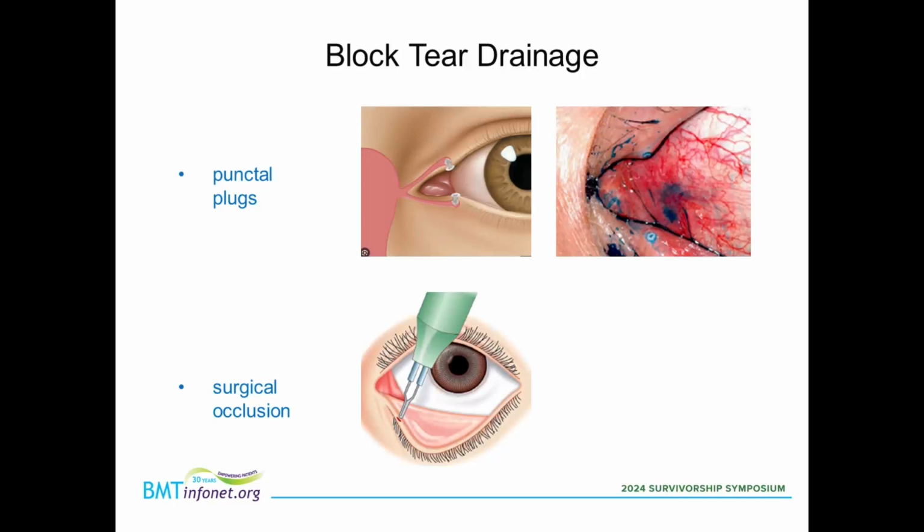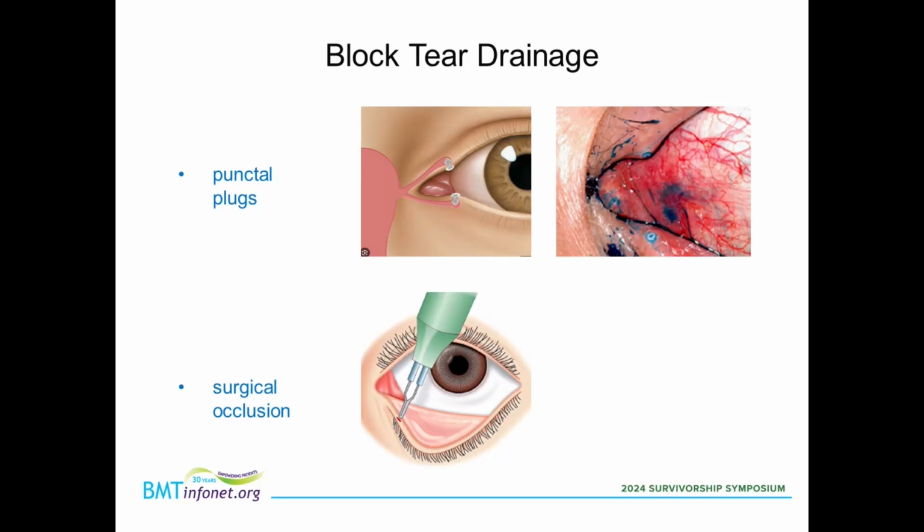So besides drops, what can we do? We can block tear drainage. We can use punctal plugs. You can see that in this diagram, in the illustration, you can see these little nubbins that are in the corners on the lids, and all the way over on the right, you can see little inserted silicone plugs as well. By putting plugs in, you prevent the drainage of the tears down into the nasolacrimal system, and this keeps the fluid around.